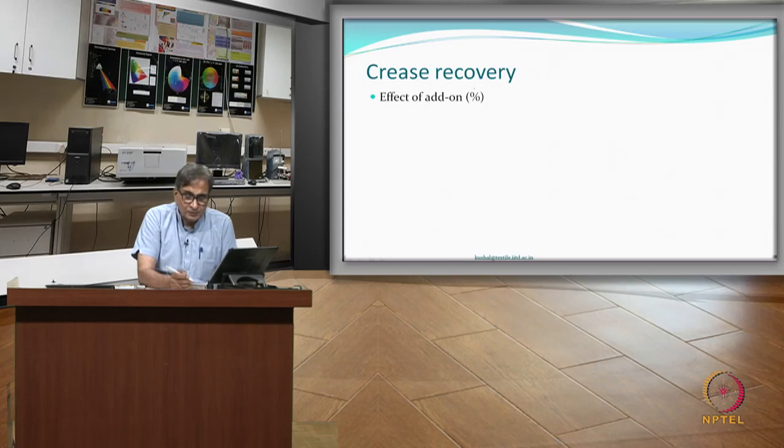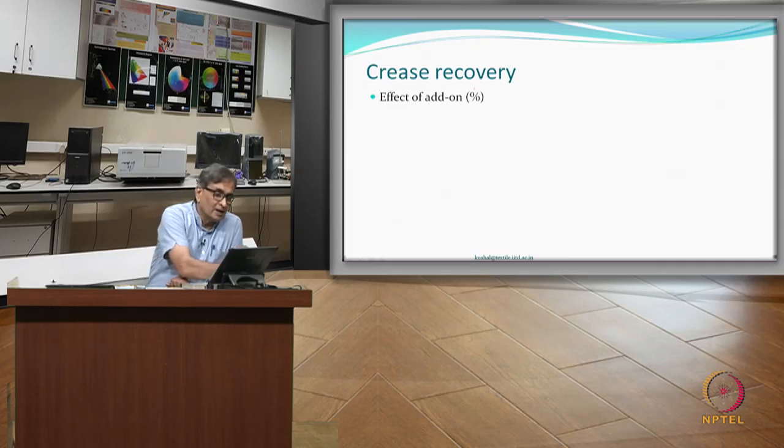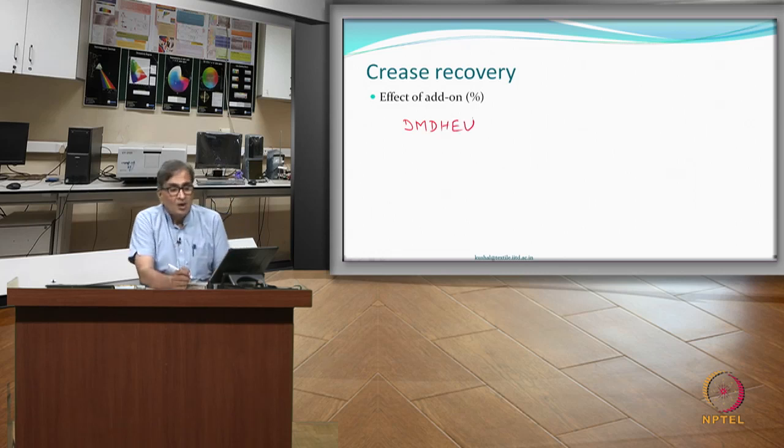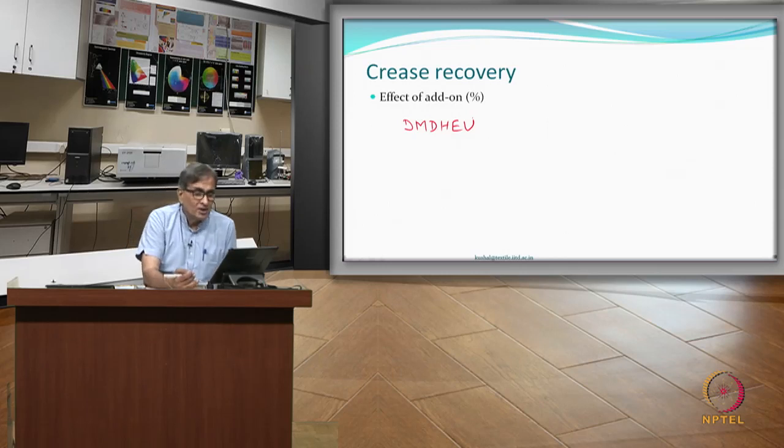What would be, let us say, the effect of add-on? Let us say I am using DMDHEU. What percentage of this chemical has actually been added on to the fabric? This is an important piece of information which we may like to know.